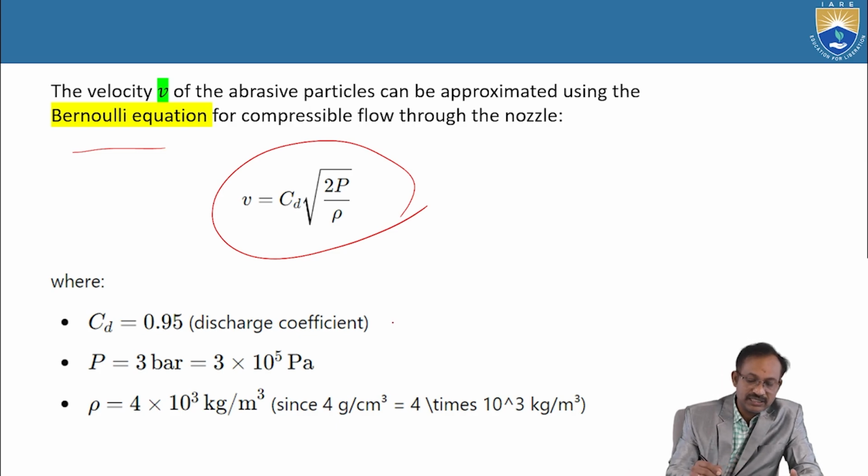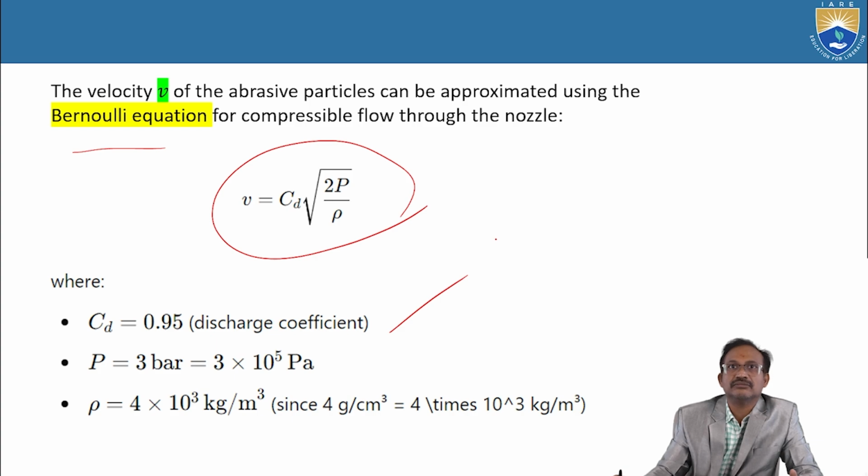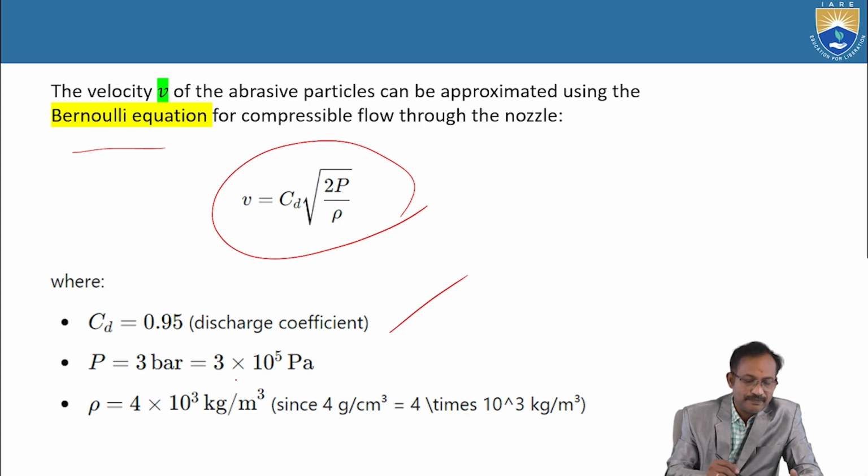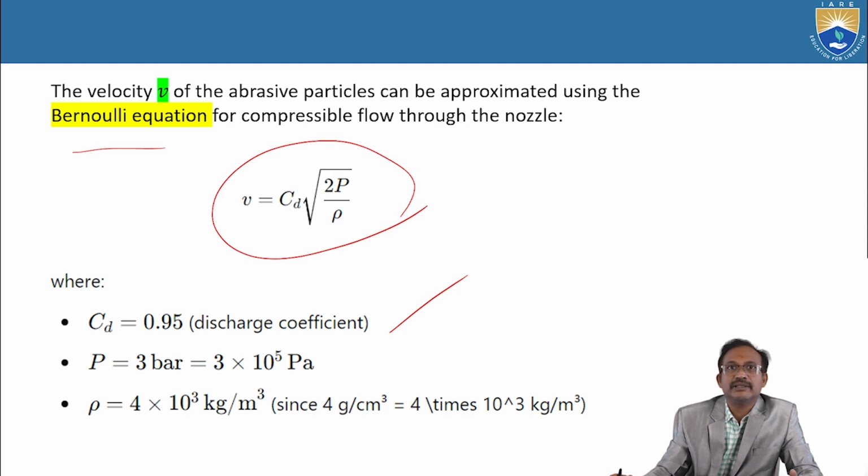Here CD equals 0.95, P equals 3 bar, and rho equals 4 into 10 cubed kg per cubic meter.